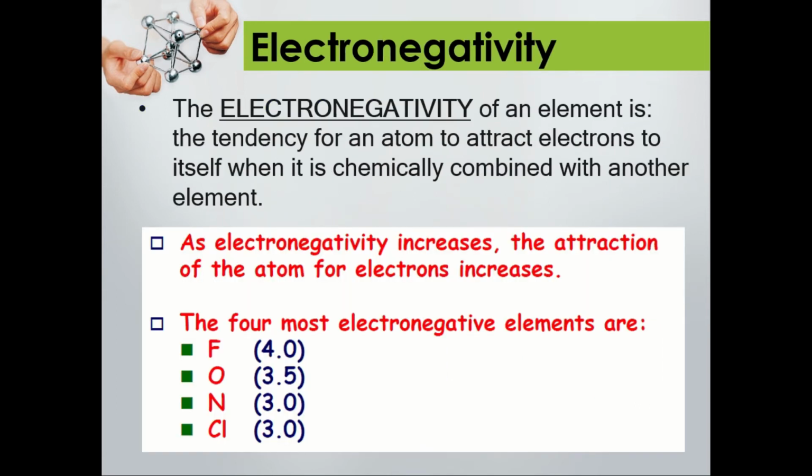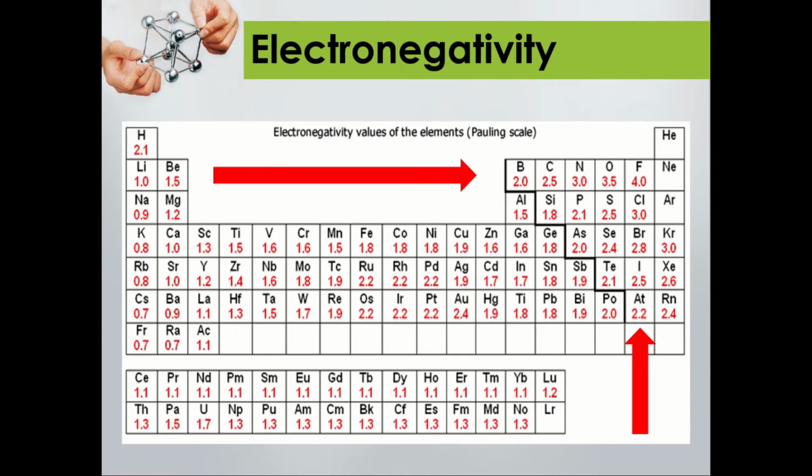Now let's go back to electronegativity. As I said a while ago, electronegativity is the tendency for an atom to attract electrons to itself. Again, the higher the electronegativity value, the stronger the attraction. Here we have a periodic table that shows the electronegativity values of our elements.